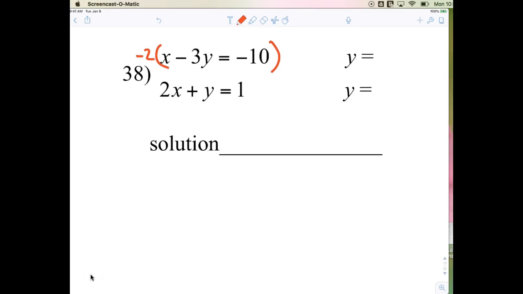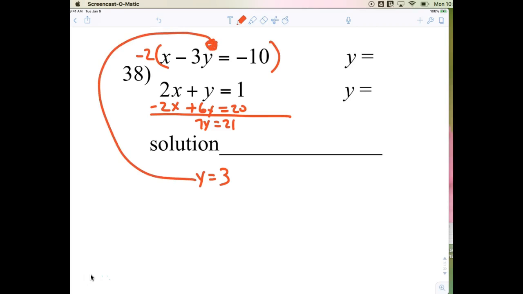All right? So if I multiply by -2, I get -2x plus 6y equals 20. Now you double check to see if that's what you got. All right? Now we're adding that. When I add that, that becomes what? 7y. It's that simple. 7y equals 21, so y is equal to what? 3. Agreed? Now I plug 3 in for y. So x minus 9 equals -10.